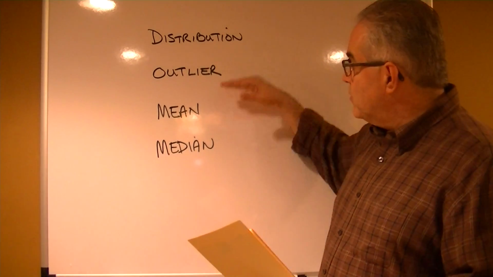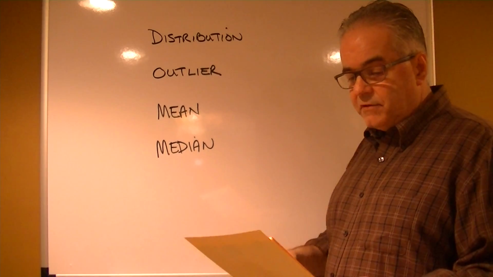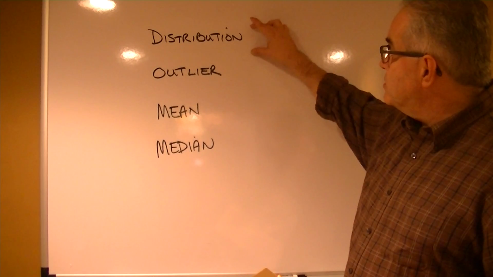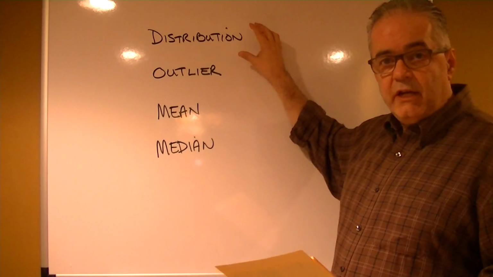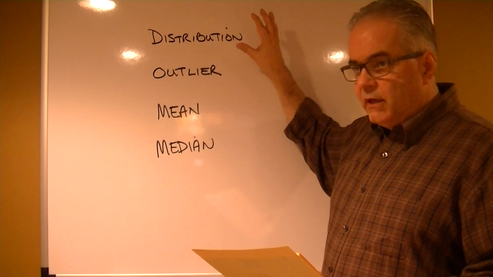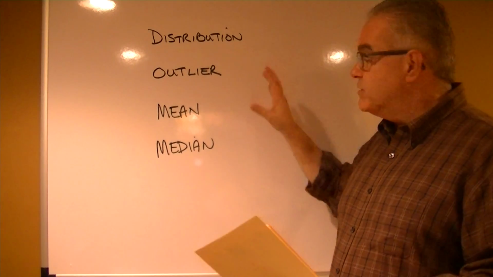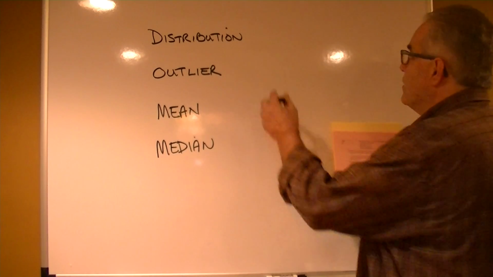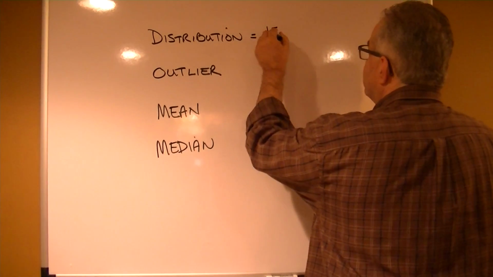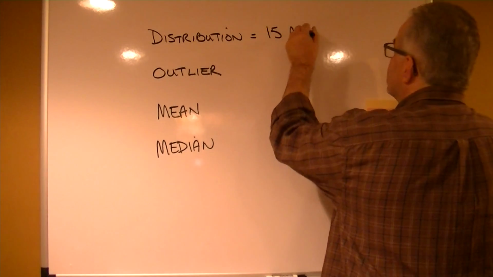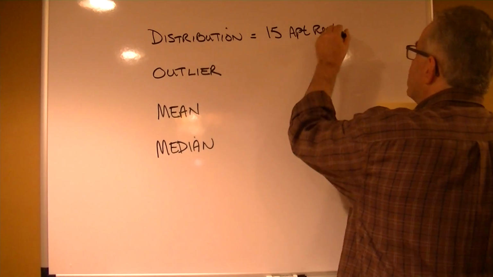All right, so we want to know what these words mean in the context of this problem. Any distribution in a statistics problem is the data that they're using. So a distribution here is going to be equal to the 15 apartment rents, whatever they're charging for them.